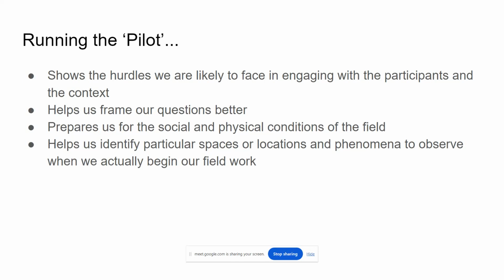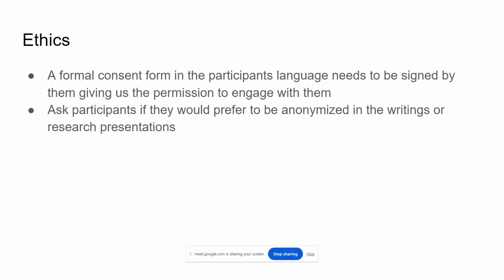But you might find that the people aren't very comfortable talking to you in the street. They might be comfortable talking to you when you go to their homes, right? So you have to see where is the maximum output you can get from the participants, the location, the space, right? Okay. So that is there.